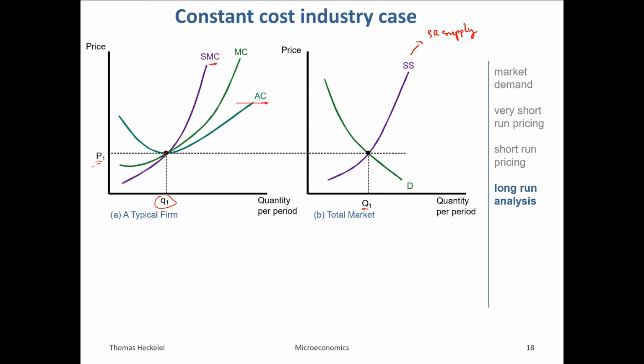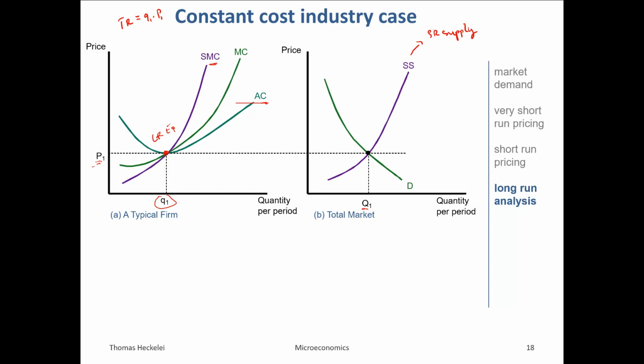One important thing to notice at this point is that in the long run equilibrium, the profit is zero. Why is profit zero? Because you would have total revenue when firms produce at this Q1 times the price P1. That's the total revenue. And what is the cost?